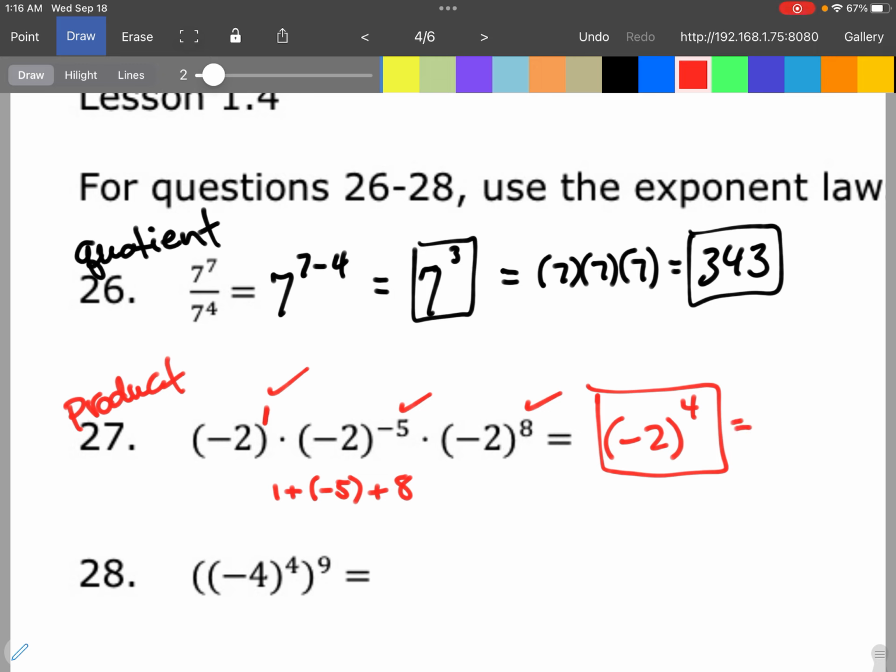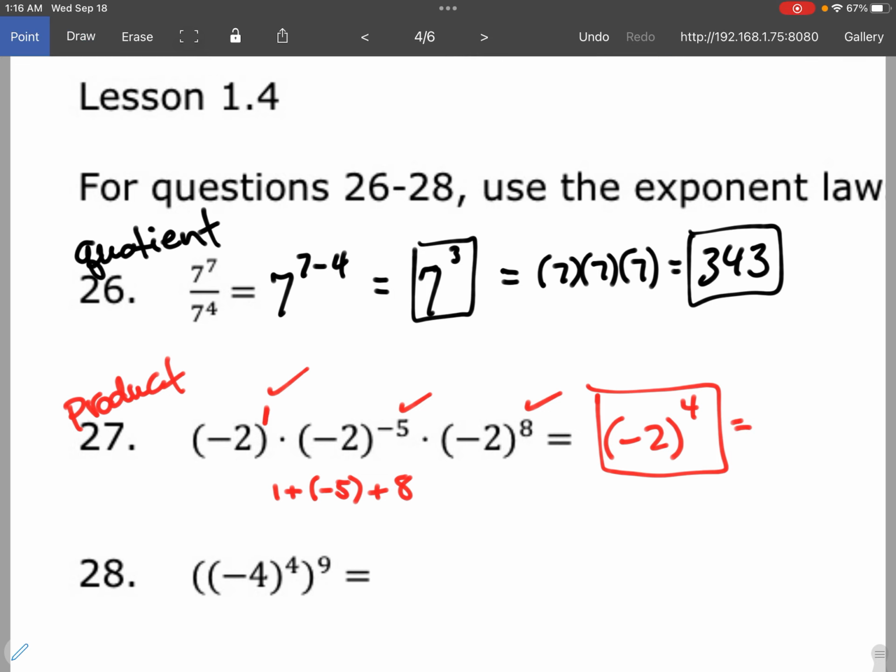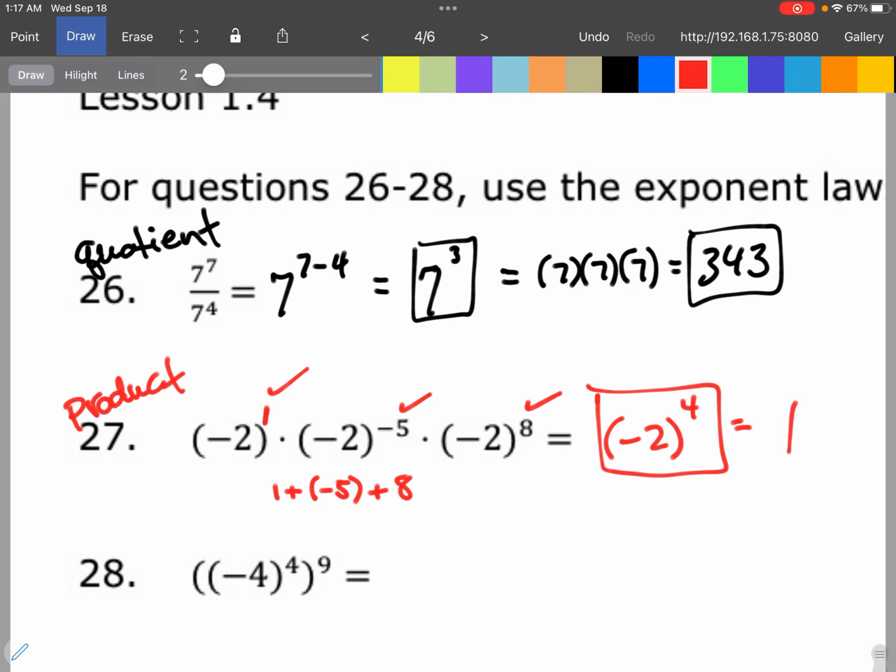Right? So right now, this is an equivalent answer. And in this situation, because the base is a number, you can type this in the calculator again to see what it actually expands to. So let me type that in. -2 to the power of 4. And yes, you have to put the -2 in the parentheses, okay? When I type that in, you end up with the answer 16, okay?